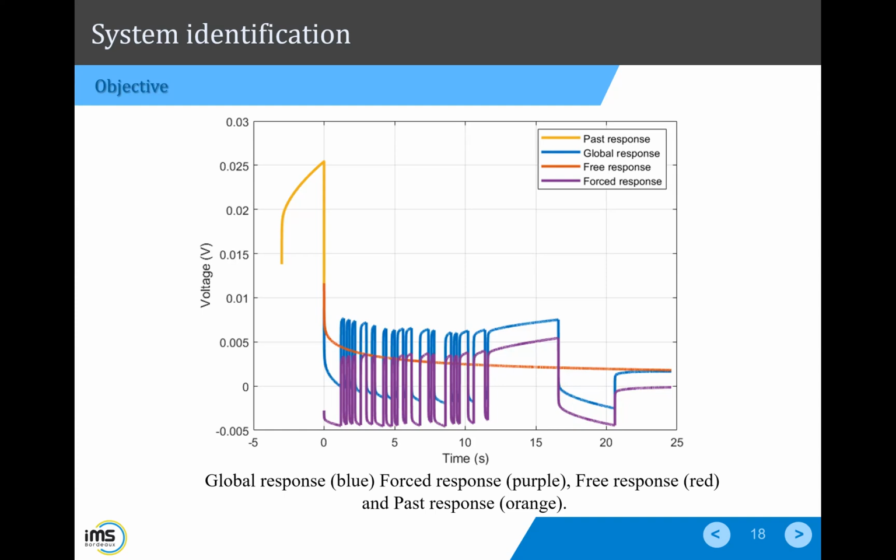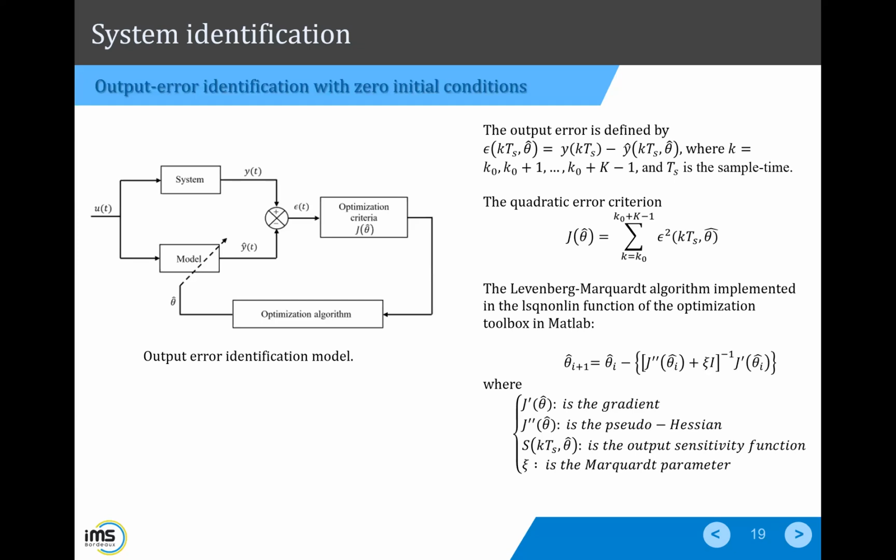So we needed to separate the forced response and the free response from the global response, and to apply an output error method to estimate the different parameters of the system. The output error identification is the minimization of a quadratic error criterion.